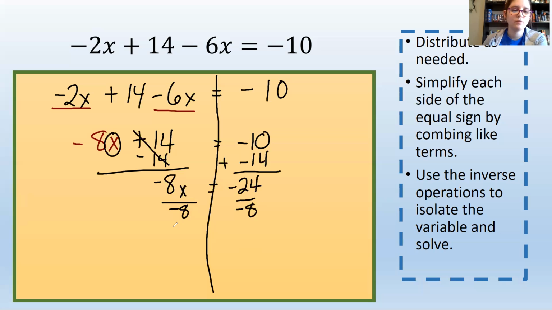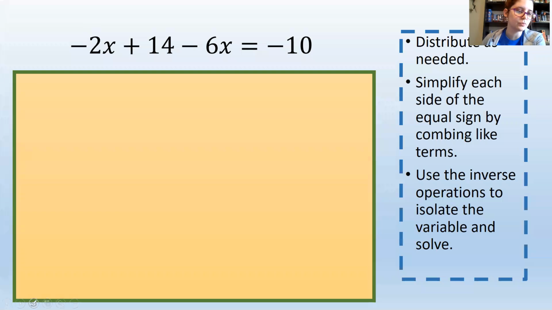Remember that when we undo with division, it takes the negative sign with it. So a negative 8 multiplied and divided, they cancel. So x equals 24 divided by 8, which is 3. A negative divided by a negative is a positive. So our answer is just positive 3. Okay, we'll look at another example.